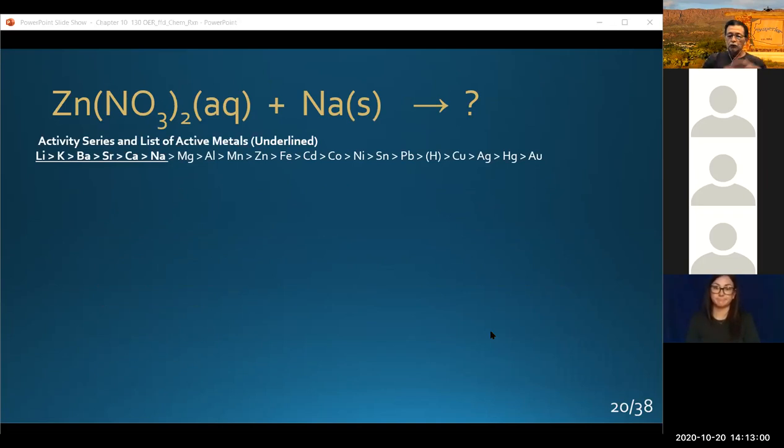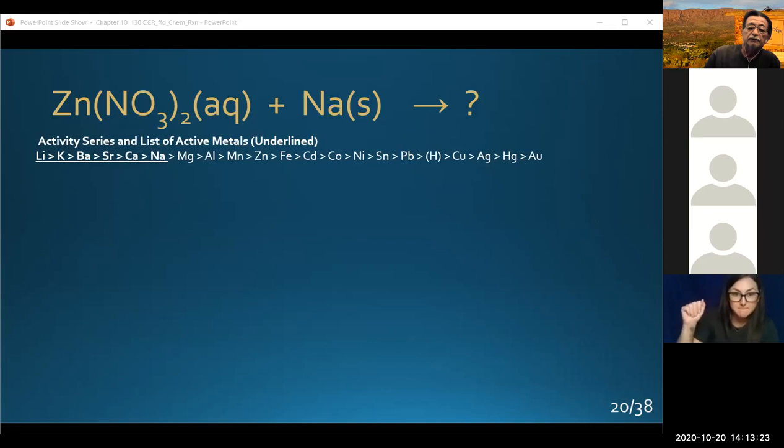Take a look at this one here. We have zinc nitrate in the presence of sodium. The question is, do we get a reaction? We go to the metals, regardless of whether they're in elemental form or salt form, and we determine which metal is more reactive. So here we're comparing zinc versus sodium.